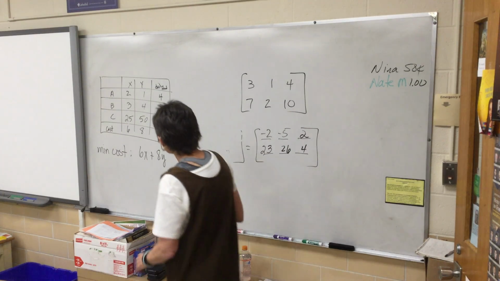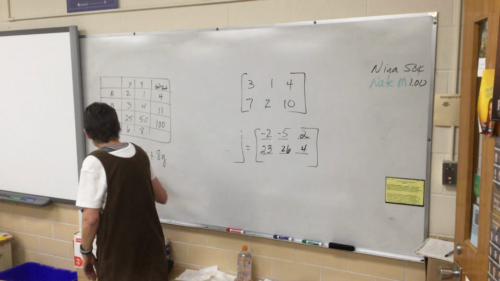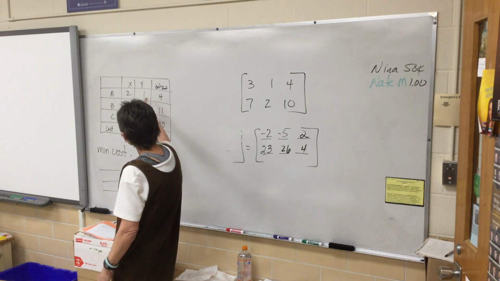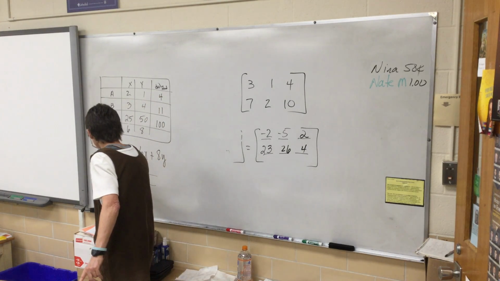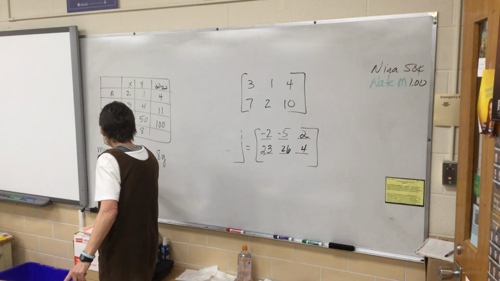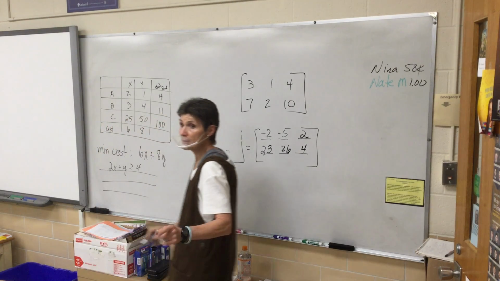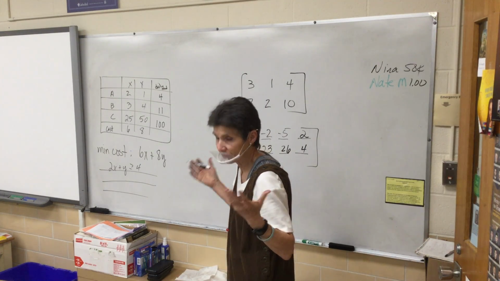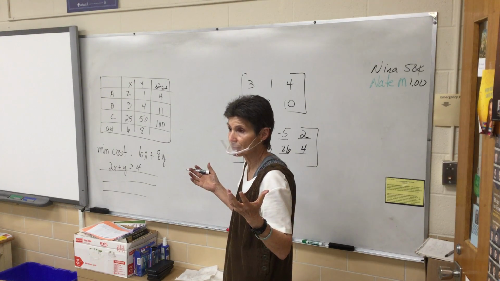All right, so what are my constraints? What do I know here? 2x plus y has to be greater than or equal to 4 because we need at least 4, whatever the unit is of this stuff.